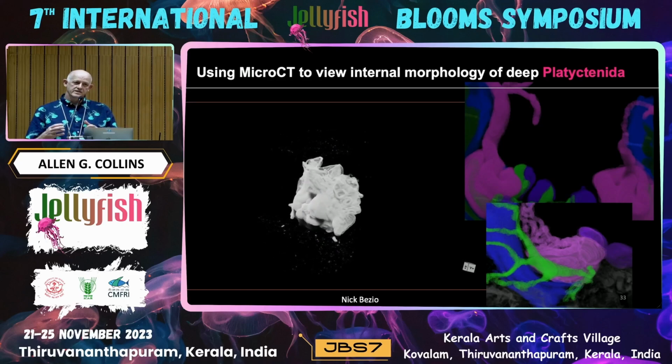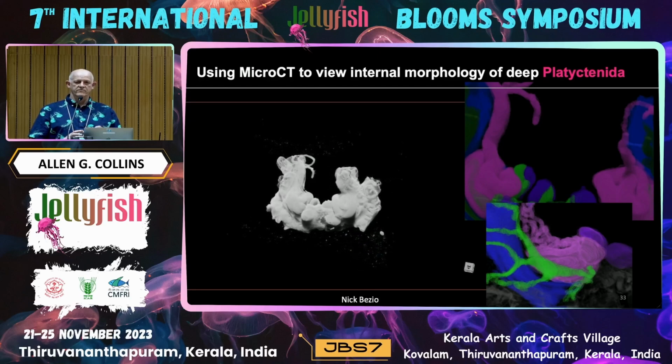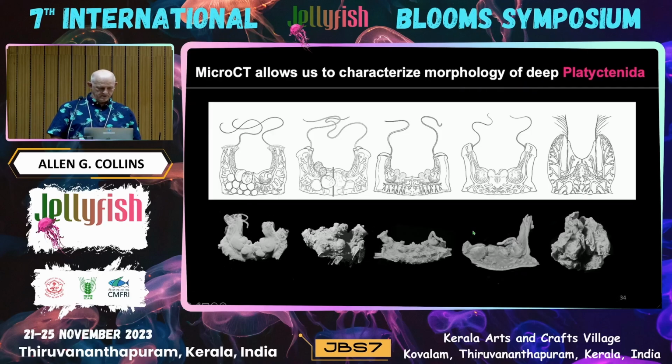And then Nick, because he's such a good illustrator, is able to color code the different parts of the ctenophores, these specimens here. And then he's making drawings of these new species based on the micro-CT data. So we expect to describe a lot of these species in the near future, and they will come with morphological descriptions coupled with the genetic data that differentiates them.